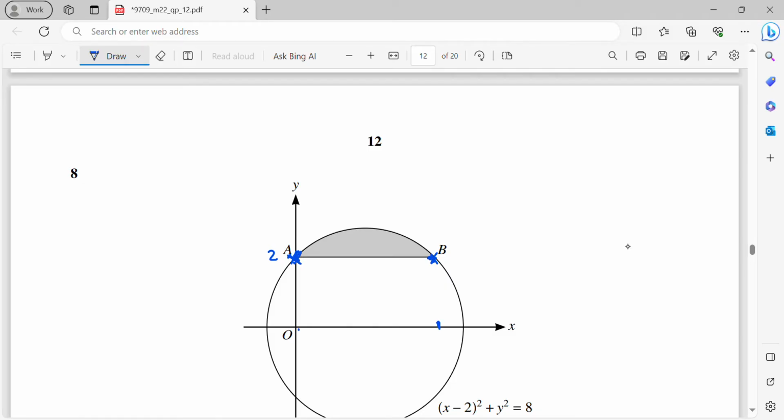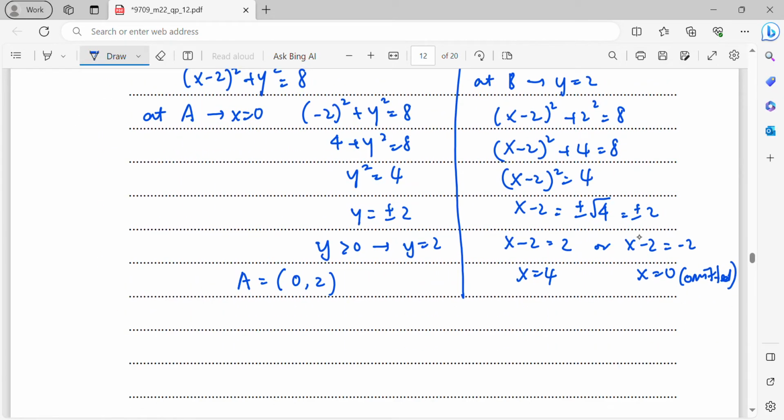When x equals 0, that is the point A. So from here, I get B with coordinates (4, 2). Therefore, A is (0, 2) and B has coordinates (4, 2). Alright, so that's all for this question.